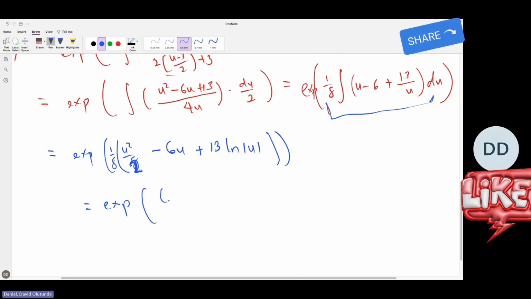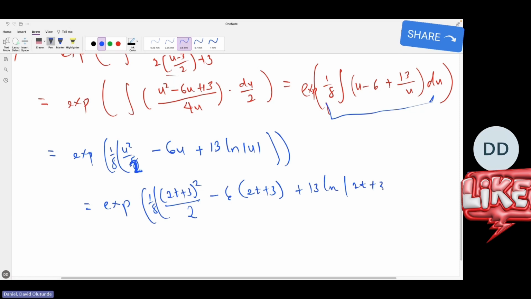What is our u? It is 2t plus 3. So this is 1 over 8, 2t plus 3 squared over 2, minus 6 times 2t plus 3, plus 13 natural log of 2t plus 3.